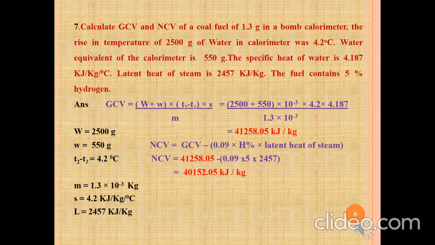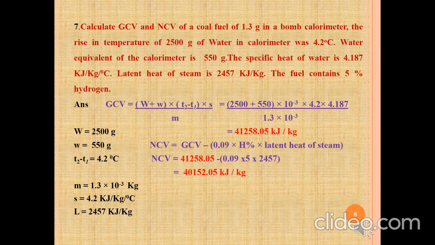Since it is given in gram, we have to convert into kg, so we have to multiply by 10 to the power minus 3. So what we are getting, the GCV value is 41,258.05 kilojoules per kg.